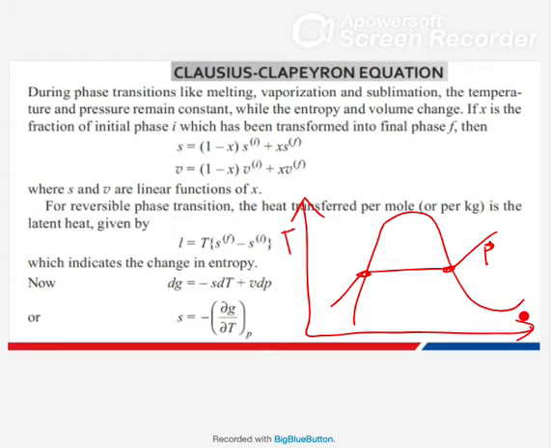This is T and this is S. Now in phase change, the temperature and pressure remain constant, but entropy is increasing and volume also increases. Temperature and pressure remain constant from here to here, but entropy and volume will change.